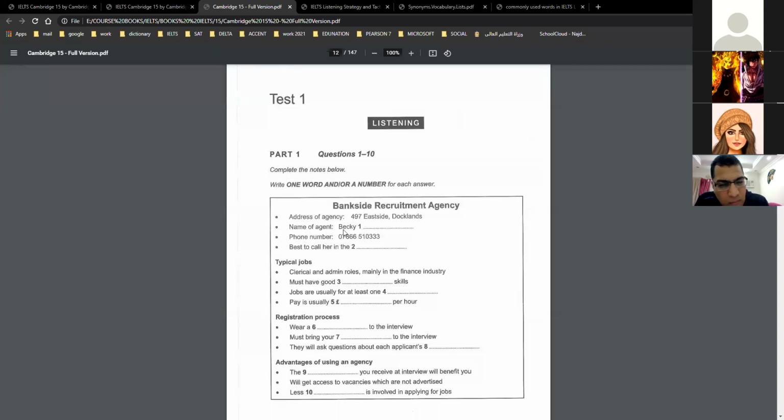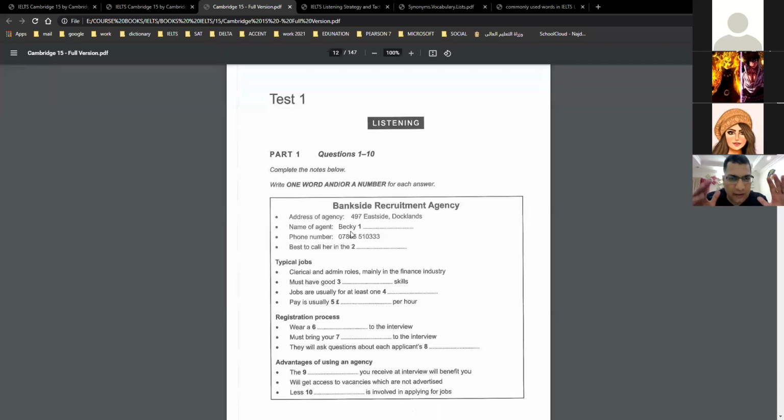Name of agent, Becky. So should we wait for a number or what? For number one. Yes, Rana is right. We are waiting for a name, right? That's what I meant by try to expect what the answer is. Muhammad Gamal, you are right. Name, yes. Arwa, we are right.